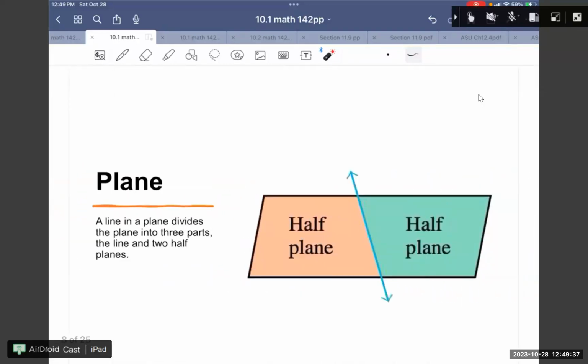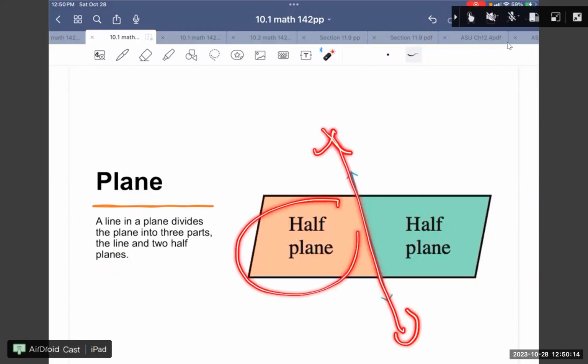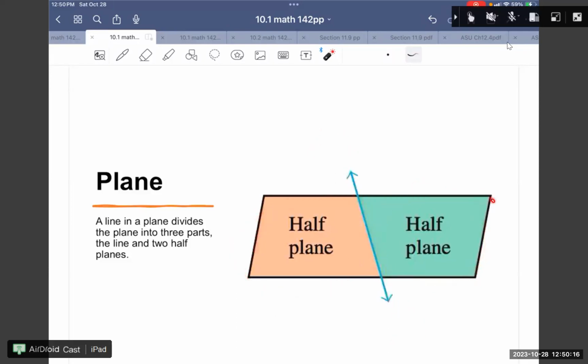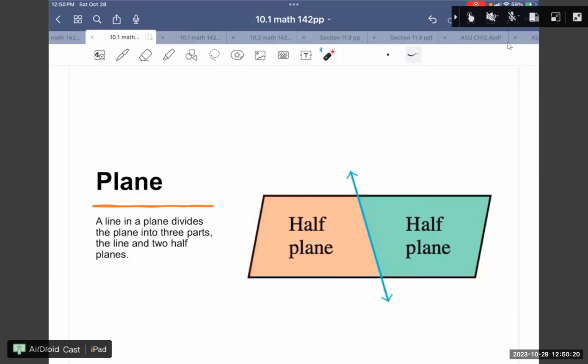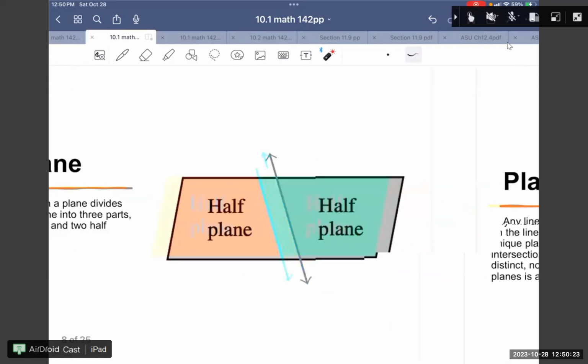Next, the half plane: a line in the plane divides the plane into two parts. This line cuts the plane into two half planes, this one half plane and this one half plane. Or we have the whole plane, but the line is in the middle, so we cut it into two half planes.